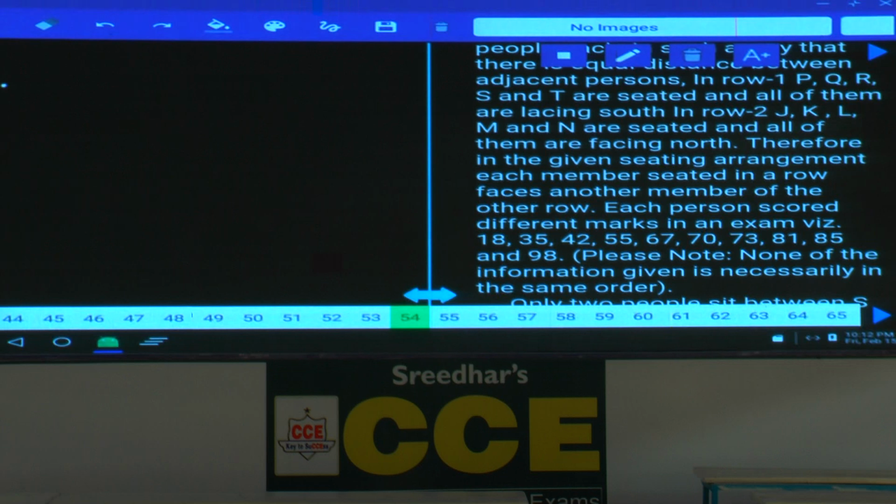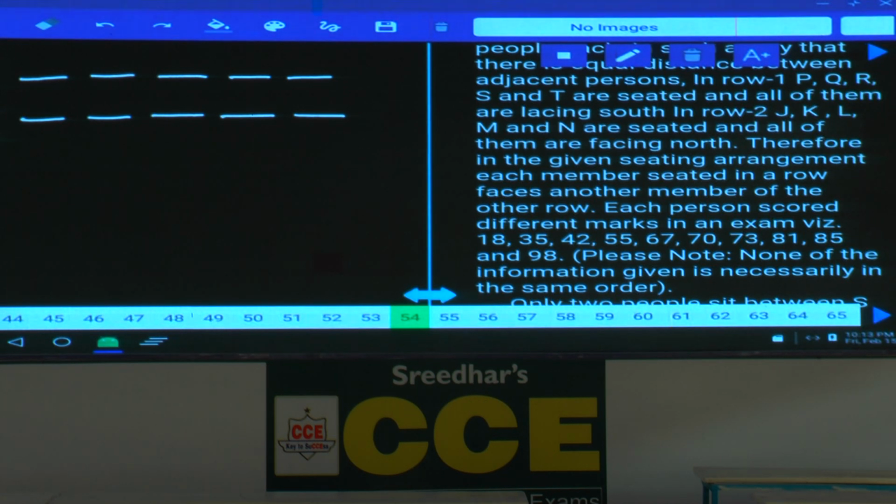Now, 10 persons. Let us take this is the first row, 1, 2, 3, 4, 5, and 1, 2, 3, 4, 5. Tell me who are the persons in the first row. P, Q, R, S, and T are the persons in the first row, and they are facing towards south. And in the second row, J, K, L, M, N are the persons, and they are facing towards north. Clear?